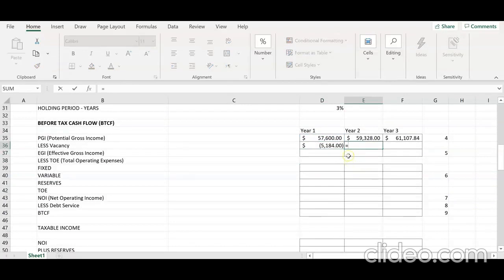Same for the second year, negative, multiply by.